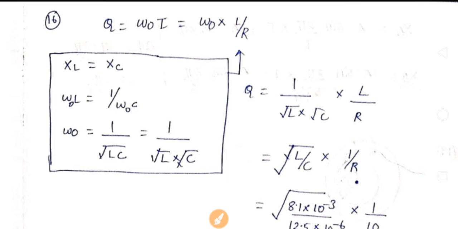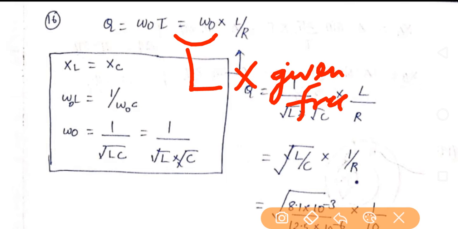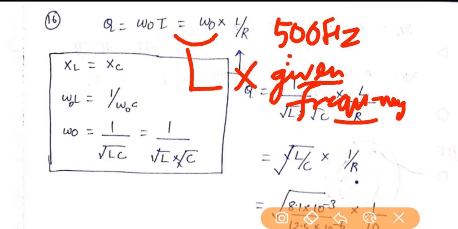Right. And what is this omega naught? That is the important part. Omega naught is not the given frequency. It is nothing but the resonant frequency. The frequency is given in the question as 500 Hz. Don't substitute that as omega naught.